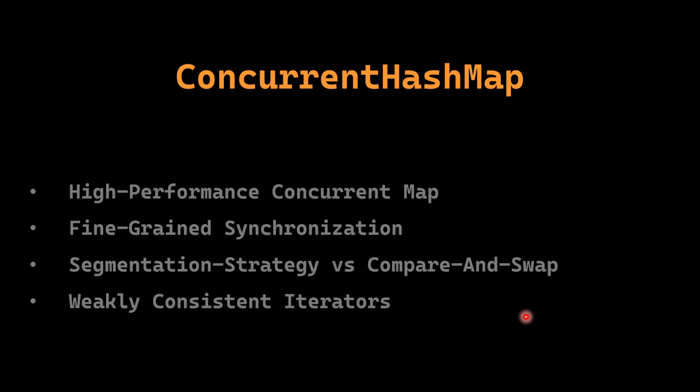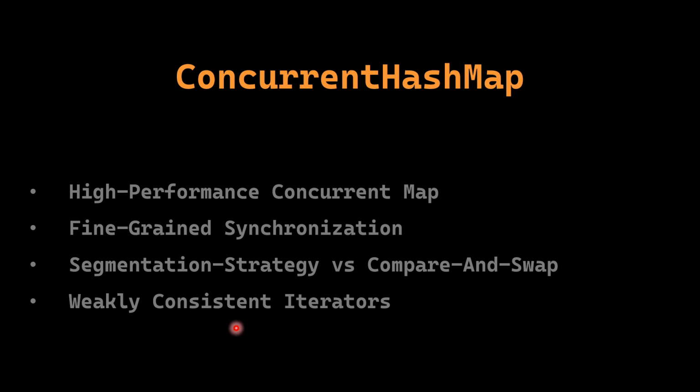Let's now examine ConcurrentHashMap's iteration model. ConcurrentHashMap features weakly consistent iterators, which is fundamentally different from the fail-fast iterators of HashMap, Hashtable, and synchronizedMap.